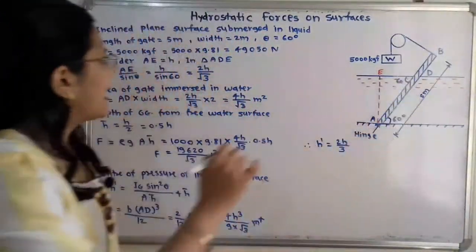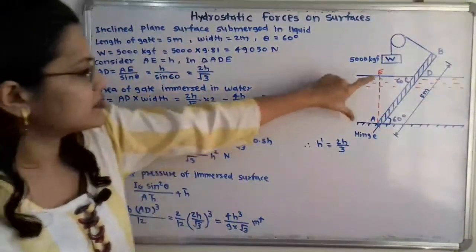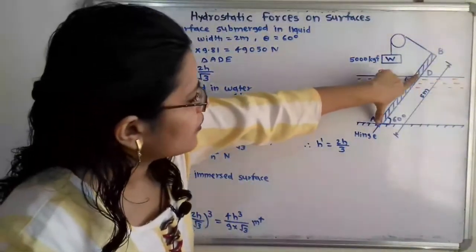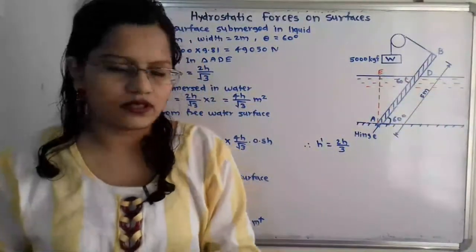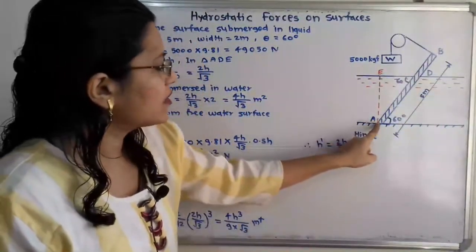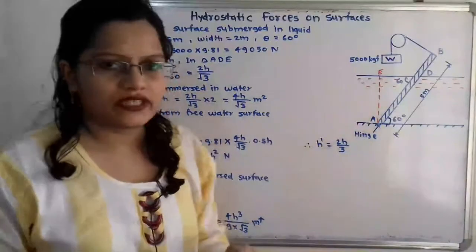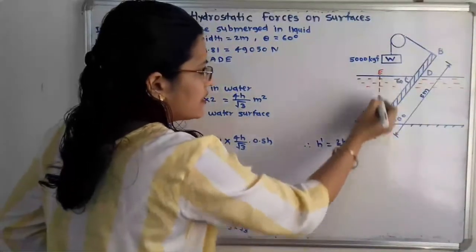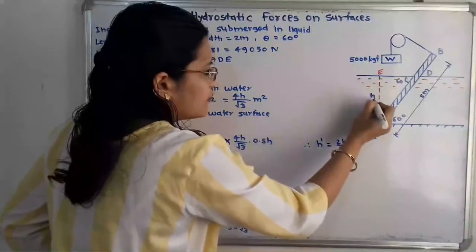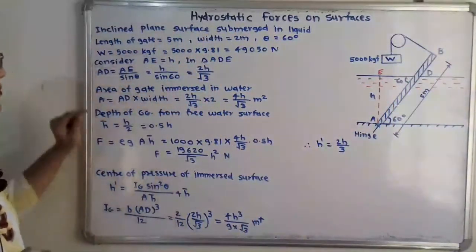So how to calculate this area? This length we have to first find out. What is the length? A to E, that is important. Now we make AE equal to H. I will consider this vertical line AE is equal to H, that we have to find out.